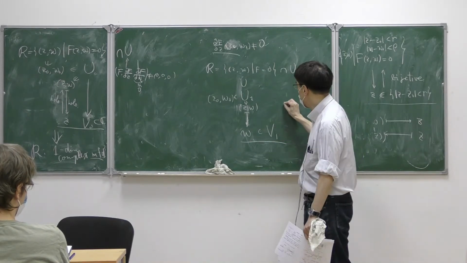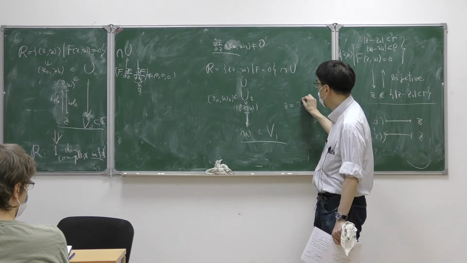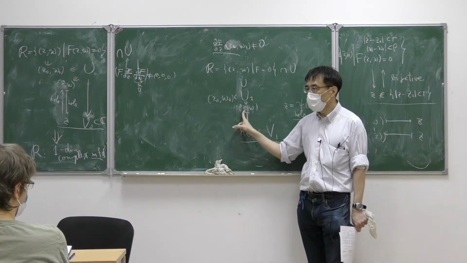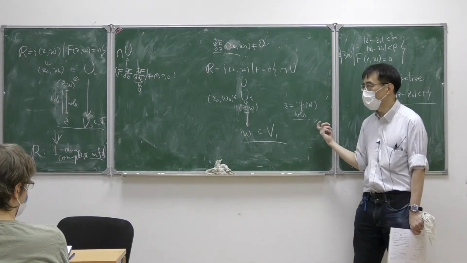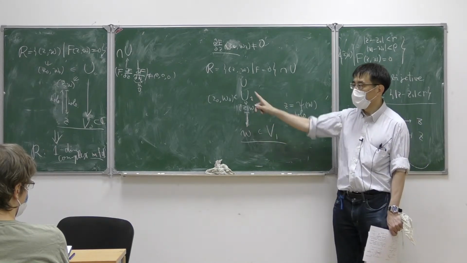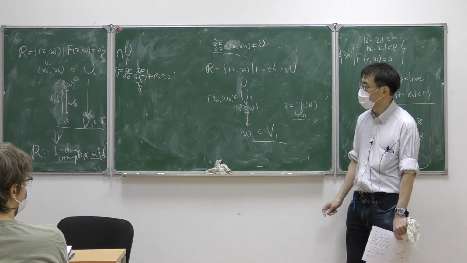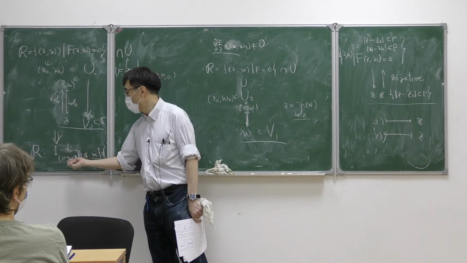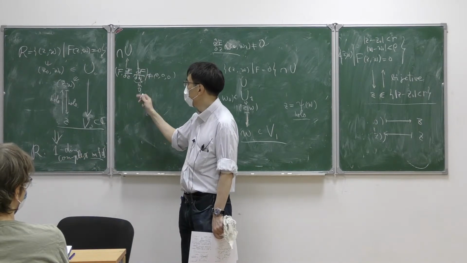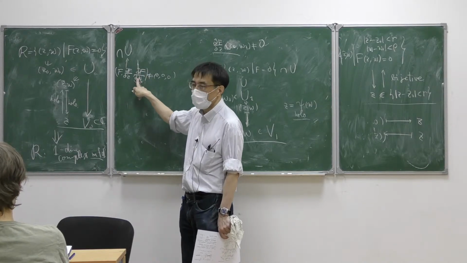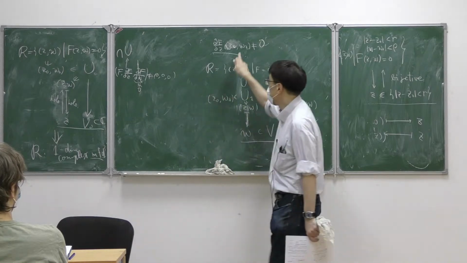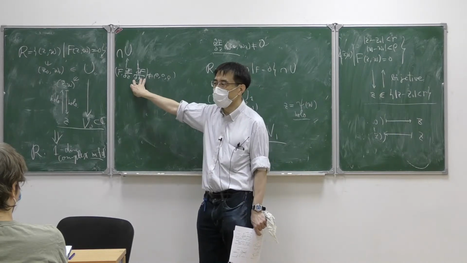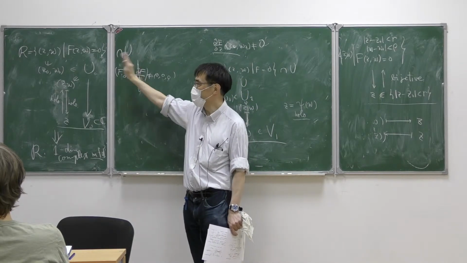In this case, the first component can be recovered holomorphically. So, if this is not zero, then we use this. If this is not zero, then we use this. And if both of them are zero, then it is excluded already.